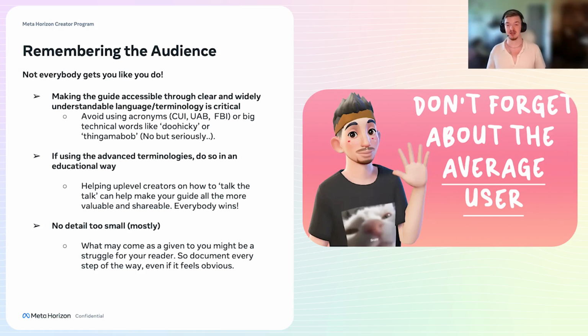So this would be avoiding terms and acronyms like CUI, UAB, FBI, or technical words like doohickey or thingamabob. But seriously though, I can't tell you how many times I've read a document as a beginner myself, back in the day, where I'm like, I don't know what that means.